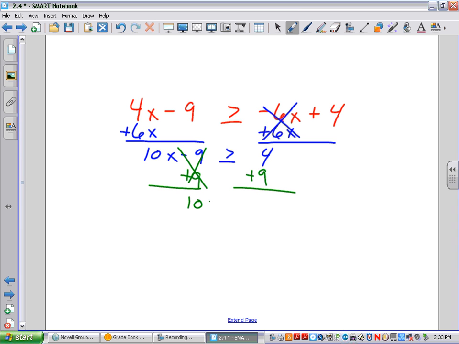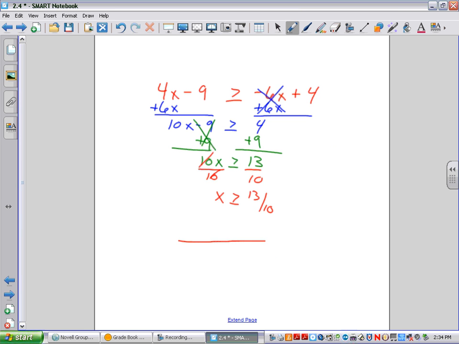So 10x is greater than or equal to 13. And then divide by 10. Now, this time I'm dividing by 10, a positive 10. So I would not switch the sign. Don't switch the sign because you're dividing by a positive 10, not a negative 10.